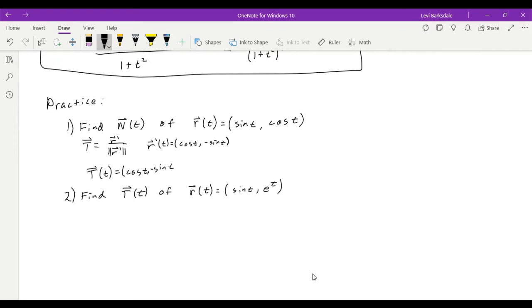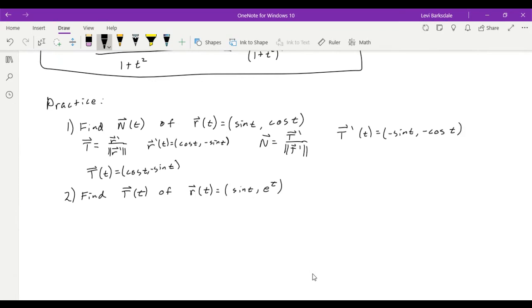So we have our tangent vector, cosine t, minus sine t. Now our unit normal is going to be the first derivative of the tangent over the magnitude of that first derivative. And in this case, the first derivative of the tangent vector is equal to negative sine t, negative cosine t.